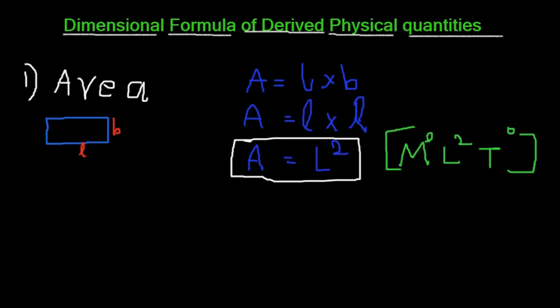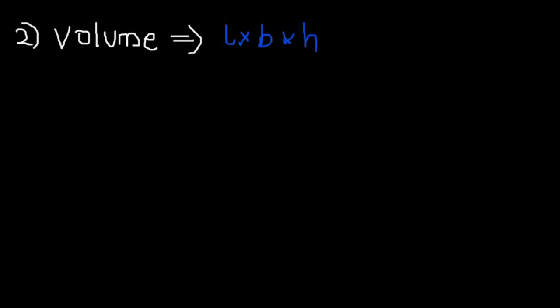Now let's get on to our next derived physical quantity, that is volume. What is the formula for volume? L into B into H. As we already have L, B is also a kind of length and H is also a kind of length, so it will come as L times L times L. So we can say that it is L cube.